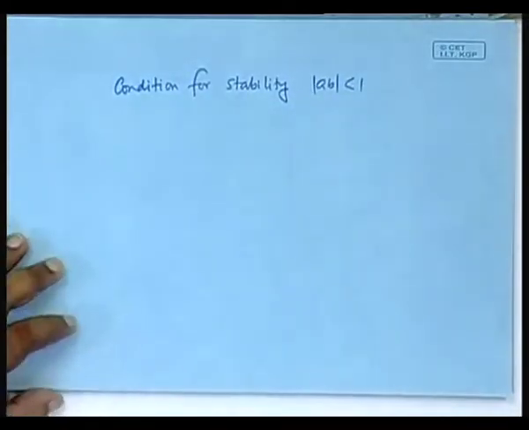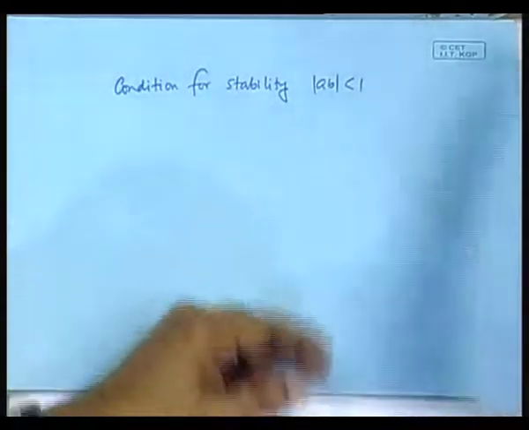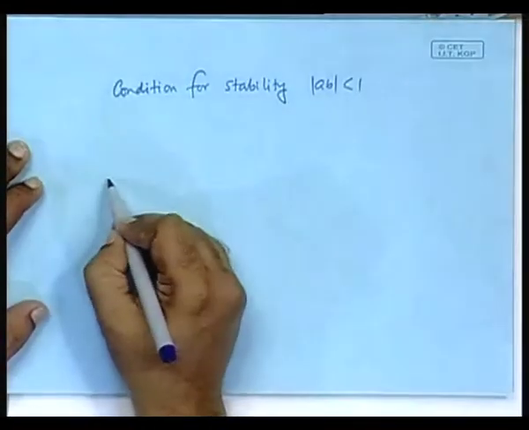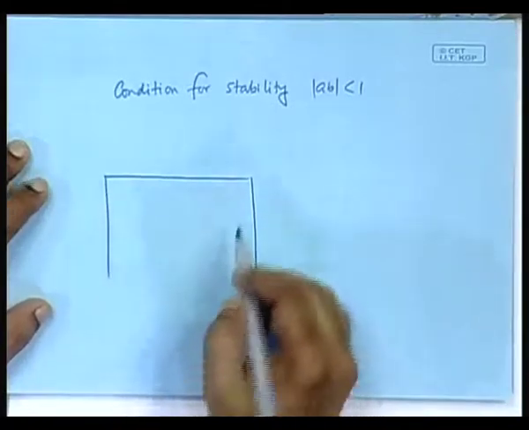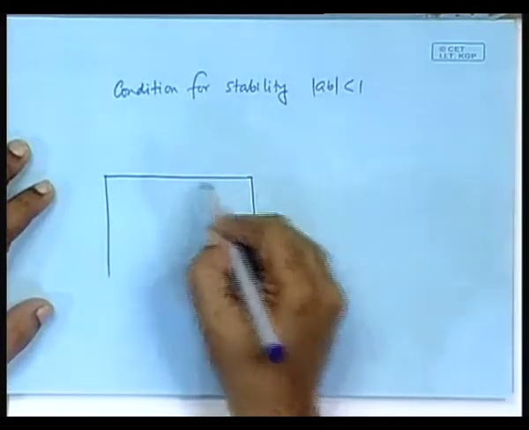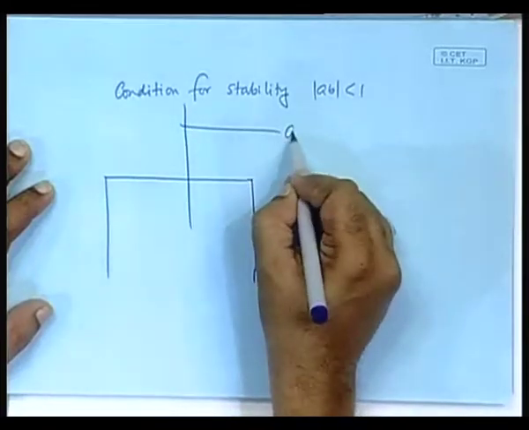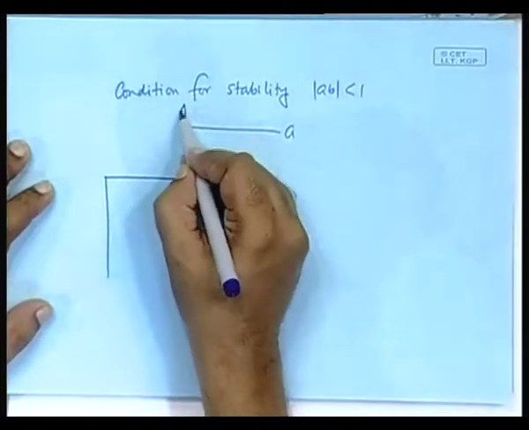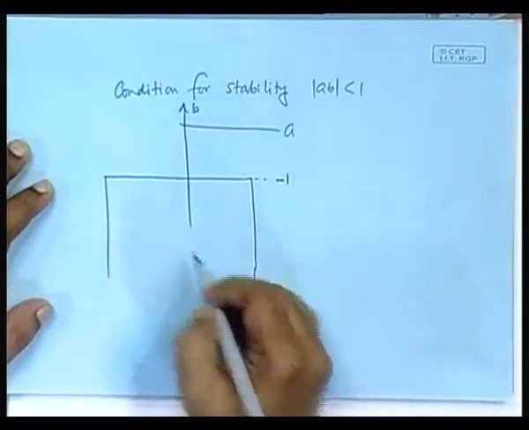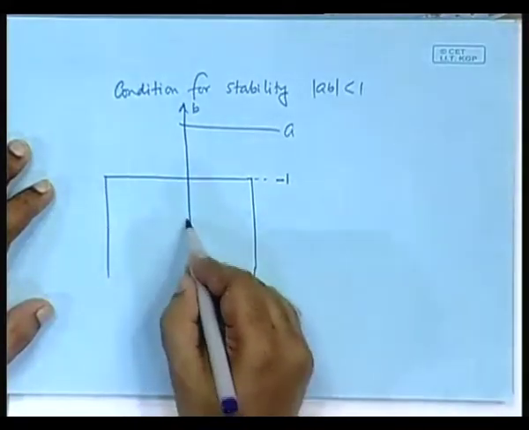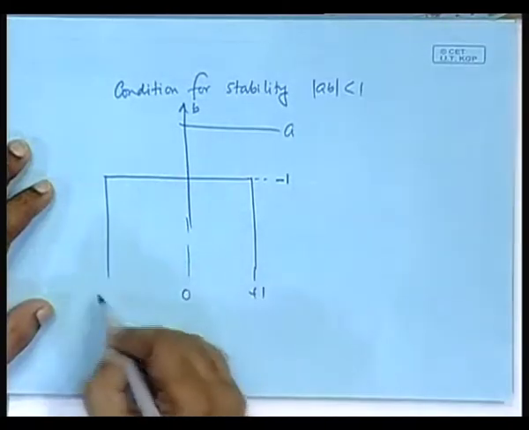So, naturally we can expect, if I draw this part here afresh. We are now drawing only this part, so that here this axis is A and this side is B, and here it is minus 1, here it is 0, plus 1, minus 1.